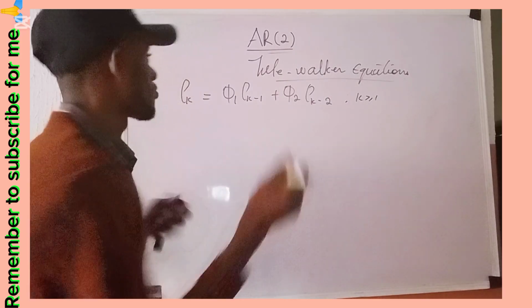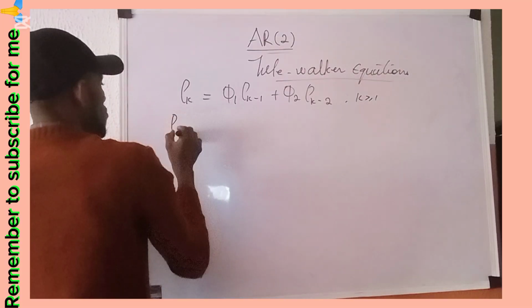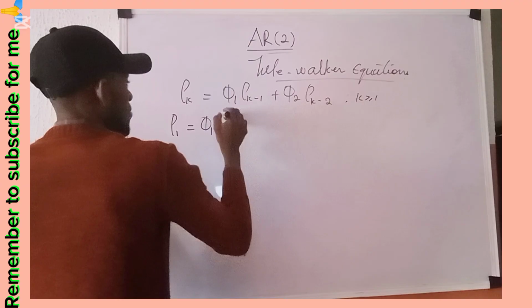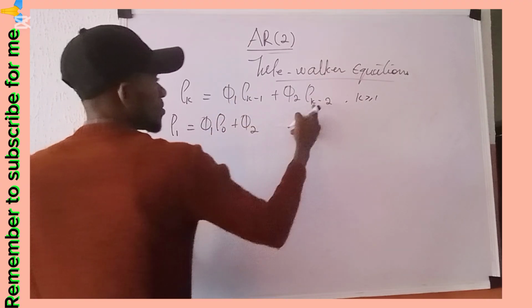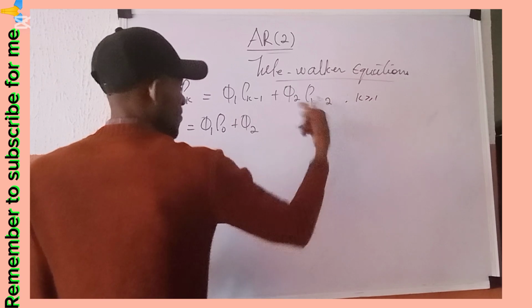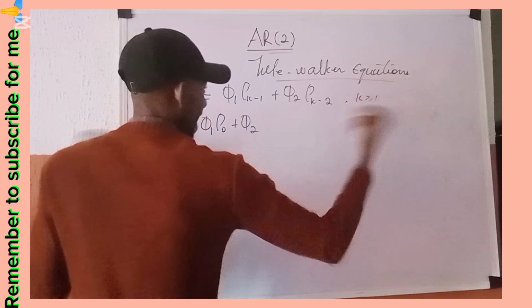So see what we are going to do. When k becomes 1, we have rho 1 equals phi 1 rho 1 minus 1, which gives rho 0, plus phi 2 rho 1 minus 2, which gives rho minus 1, which is just like writing rho 1 because the autocorrelation at lag minus 1 and at lag 1 are the same thing.